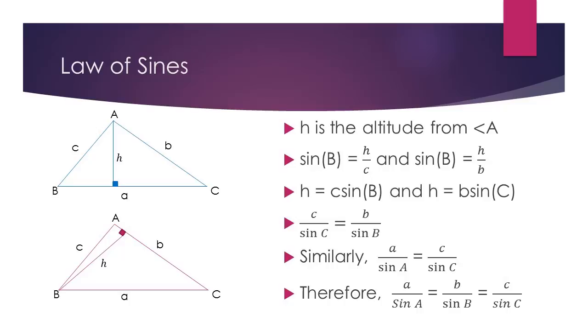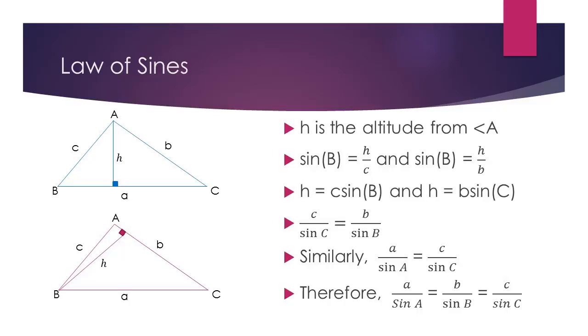So we get a over sine A is equal to c over sine C from this triangle. Since a over sine A is equal to c over sine C, and b over sine B is also equal to c over sine C, we can say that a over sine A equals b over sine B equals c over sine C.